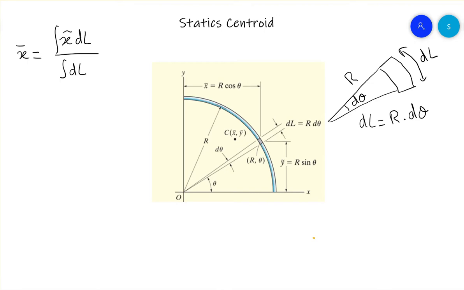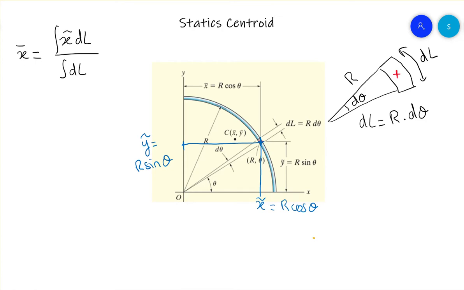Now for the location of the centroid of this little element dl, that's the centroid there. And x, let me put it in blue because we know it, that's your x tilde, and it's equal to r cosine theta, and your y tilde is equal to r sine theta. That's the position of the centroid of the little element dl.